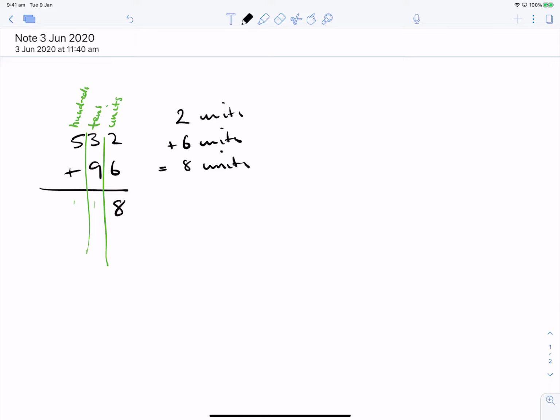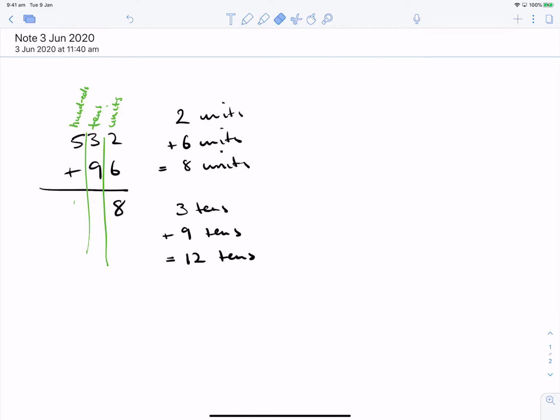That's my first line. Next, I look at my tens column and I say I have 3 tens plus 9 tens, and that is all going to equal 12 tens, right? But I can't stick a little 12 in here because that would mean I'm mucking up my addition.